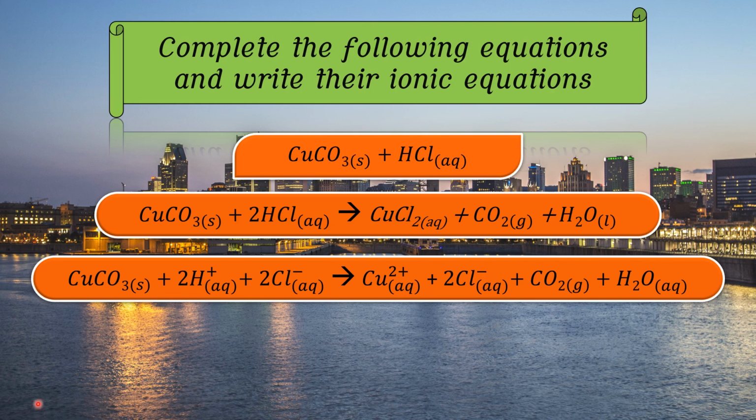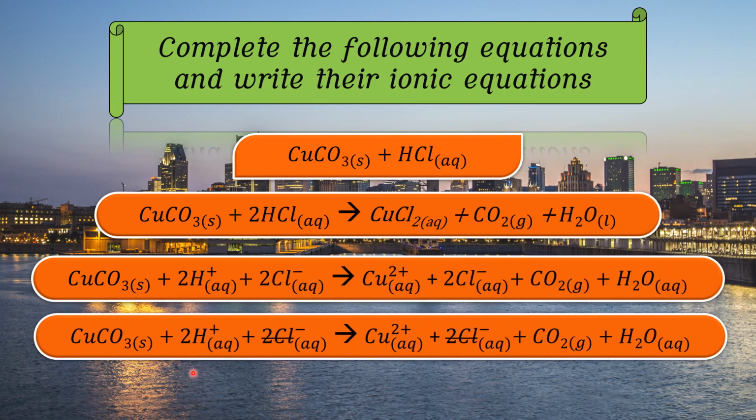So what is eliminated? We are going to eliminate the spectator ions. Our spectator ions are chloride ions. So we shall eliminate them this side and the other side because they are on both sides. They do not take part in the reaction.